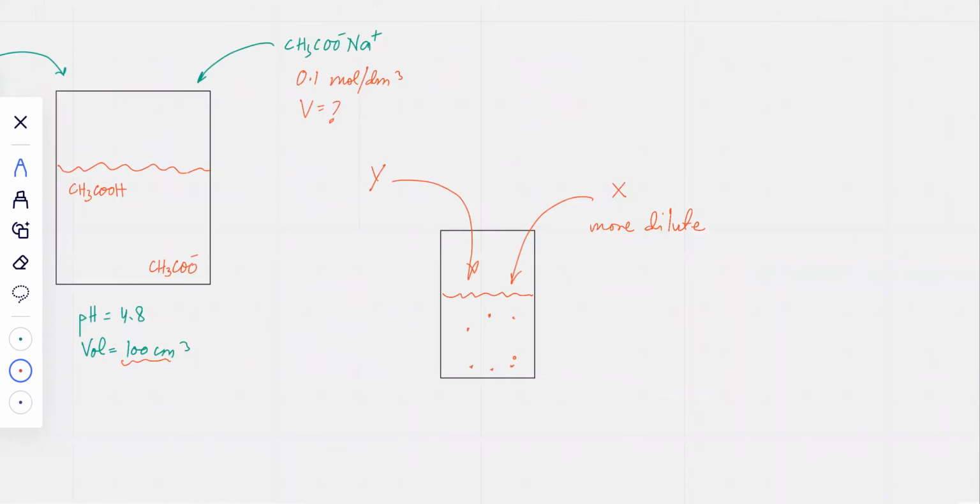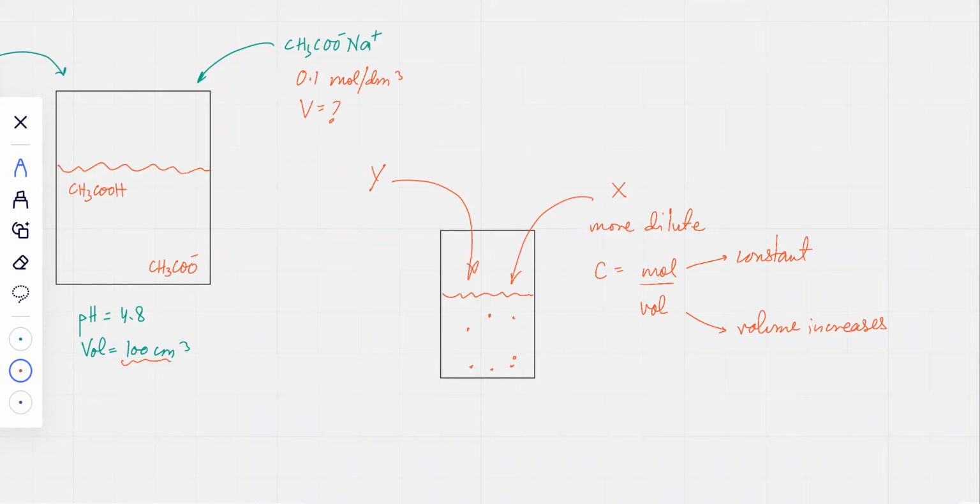And why do they become more dilute? Because you have the same moles of particles, and concentration is moles per unit volume. The moles are still constant because you didn't add more of X. You added another solution into it, so the volume has changed. The volume increases, and when the volume increases, that's why concentration decreases. It becomes more dilute.